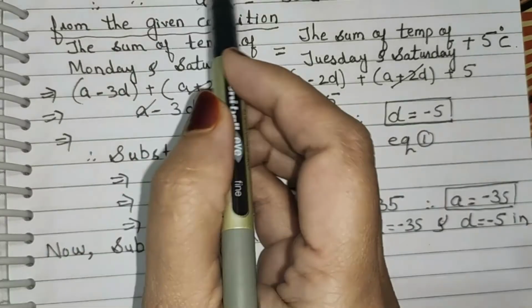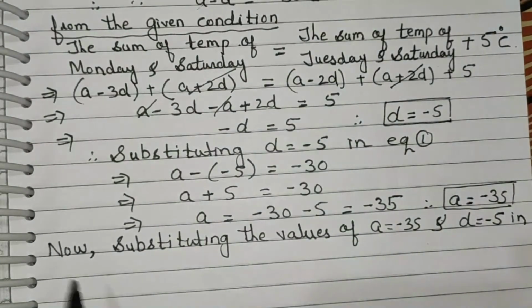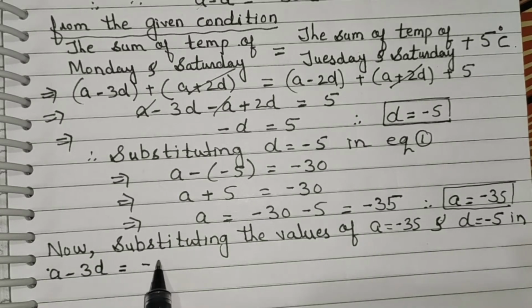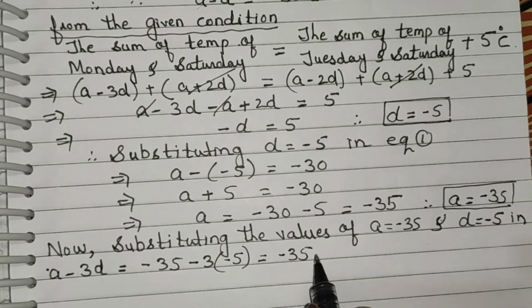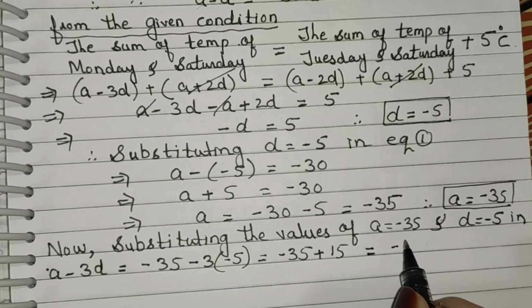Now the temperature of Monday is a minus 3d, which is equal to, substituting the values, minus 35 minus 3 into minus 5, minus 35 plus 15 is equal to minus 20.